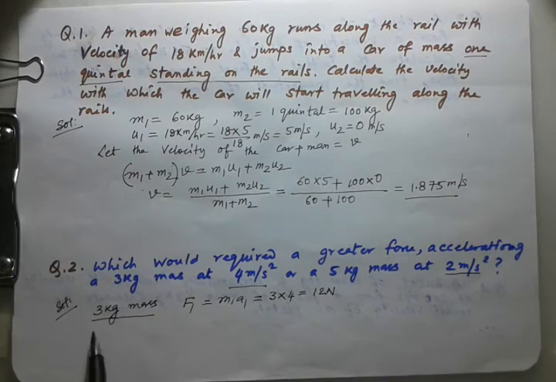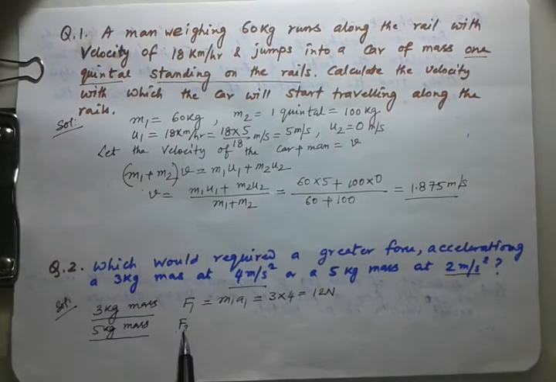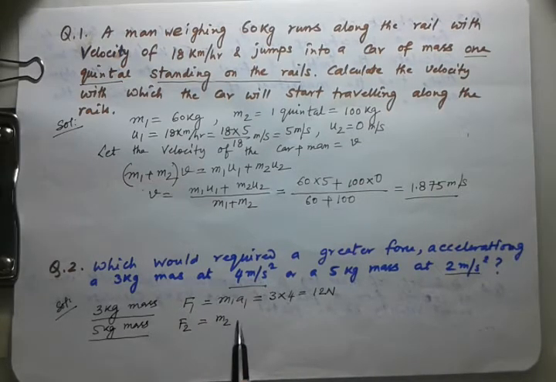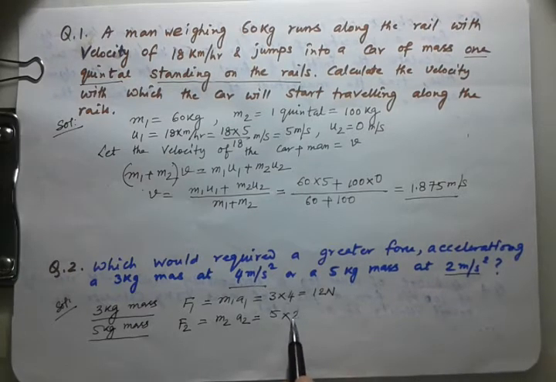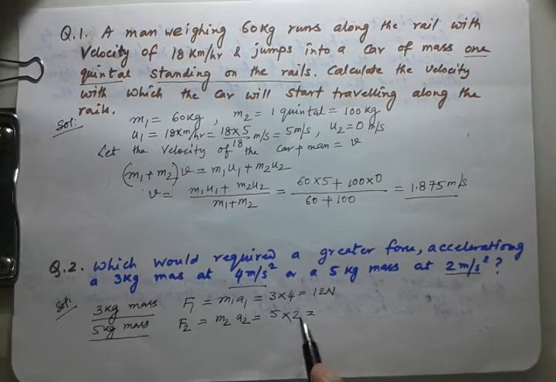And for the 5 kg mass, F2 is equal to M2 A2. So M2 is 5 kg, acceleration is 2 meter per second square. So 5 into 2 is 10.